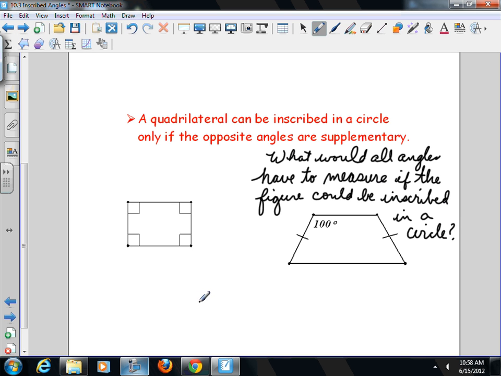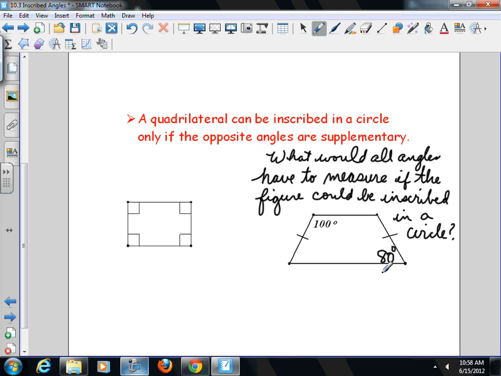What would all angles have to measure if the figure could be inscribed in a circle? Well, we know one angle measures 100 degrees, and we know opposite angles would have to be supplementary. So this opposite angle to 100 would have to measure 80 degrees.